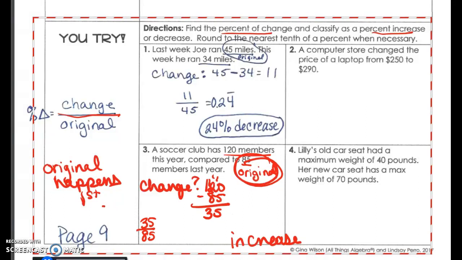With this ratio, with this fraction, I have a few options. I can simply take 35 divided by 85, just like I can with any ratio, if I want it as a percentage. If you don't want to do that, you always have the option of setting up a percent proportion. For those of you that love percent proportions, you can solve it that way as well.